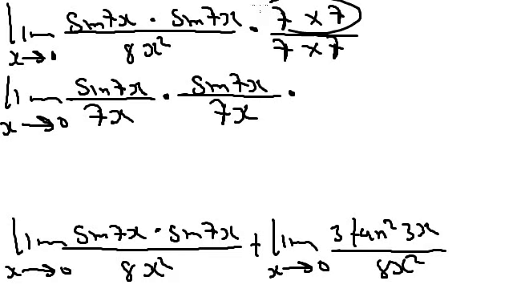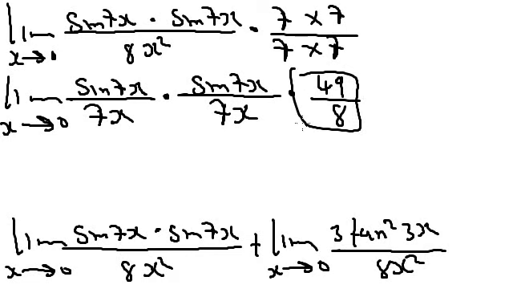Then these two 7s are still there, so that's 49, divided by the leftover denominator, 8. So this is a constant, and you can take it to the front. So we have 49 over 8.